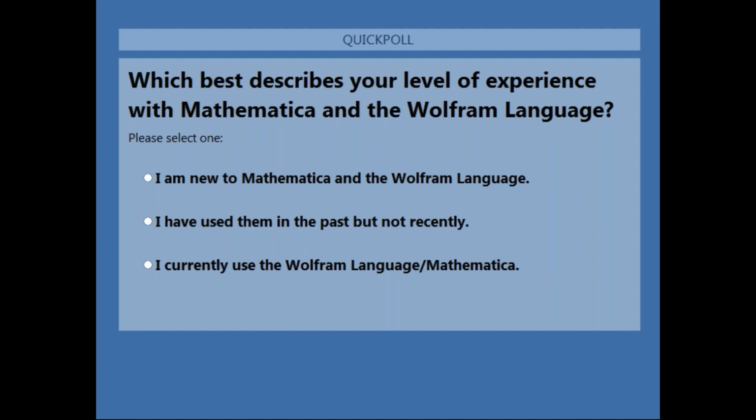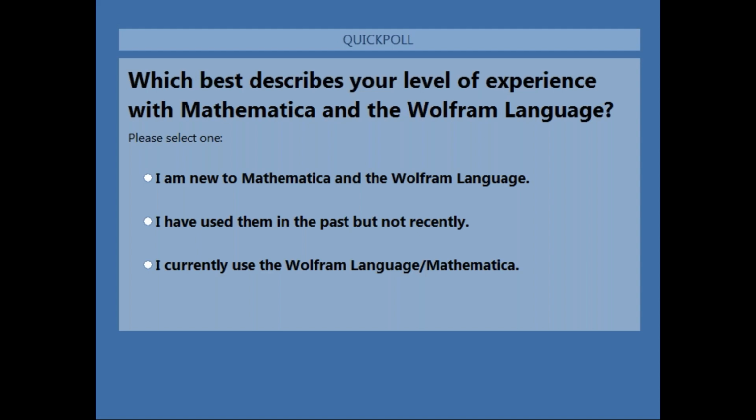We'll post the results so you have a chance to also see who has joined us online and where everybody's at. And so far I'm seeing the results come in. It's a very nice mix, about a third for each response. New to the Wolfram language, used it in the past but not recently, and then current and active users. So it is great to see so many already familiar with the Wolfram language.